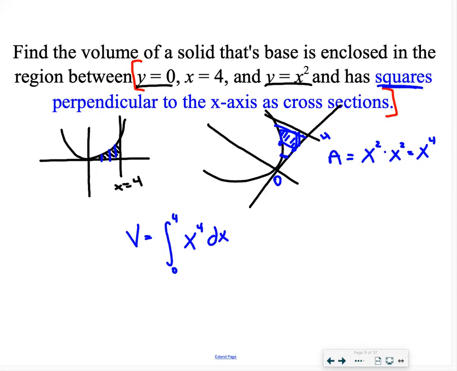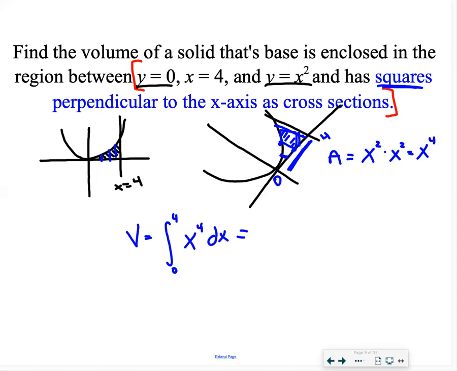Now remember that dx gives me that depth. So this would give me volume. That's what you plug into your calculator to get the volume of those cross sections. Let's do that and see if we can all get the same answer.